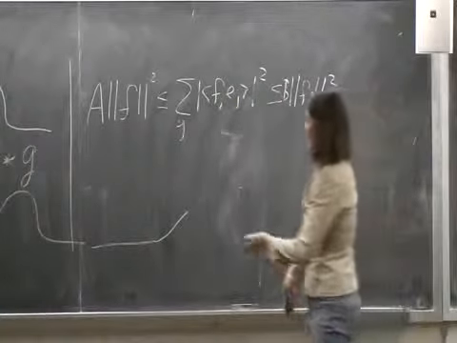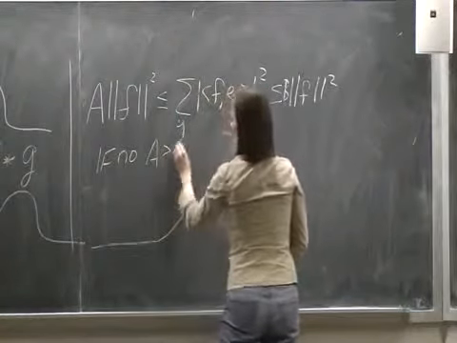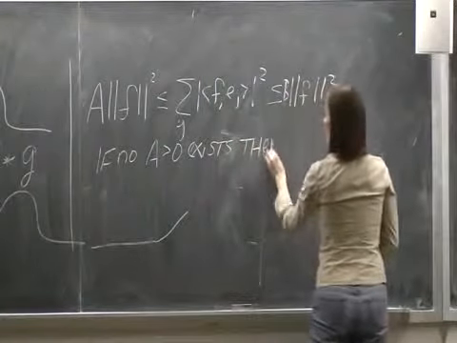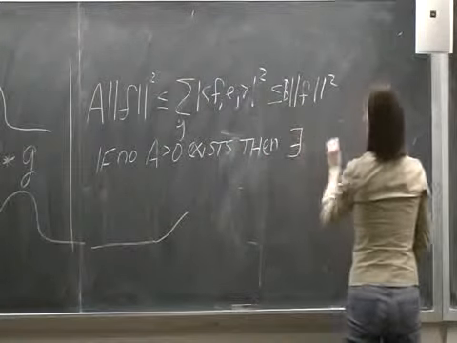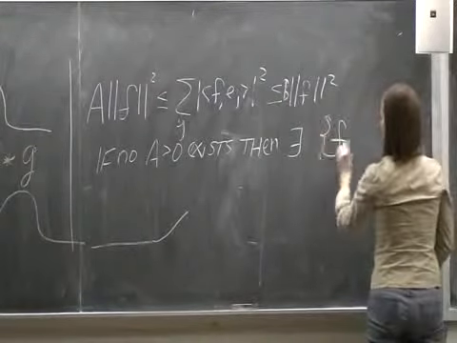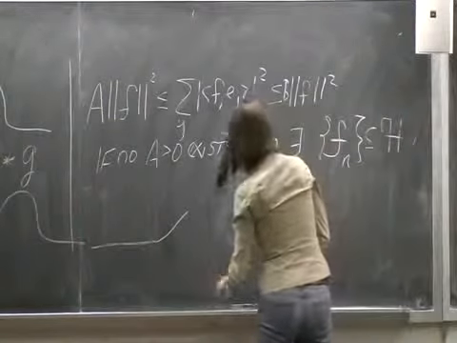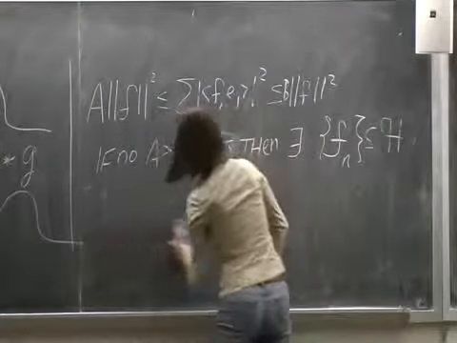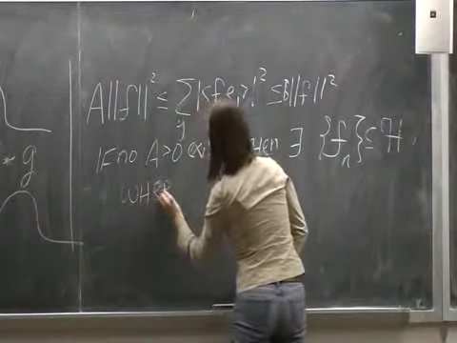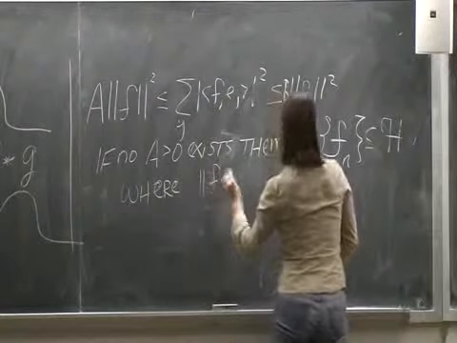So what that means is that if no A greater than 0 exists, then there exists some sequence of functions where basically we can assume that the norms are all 1.